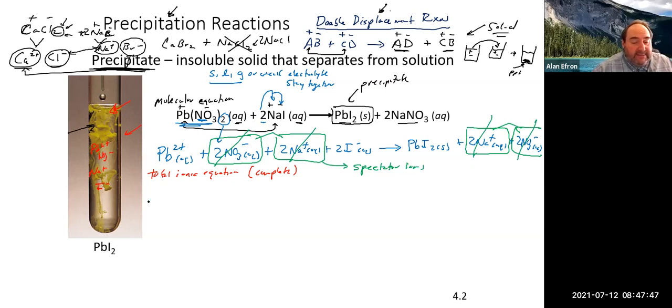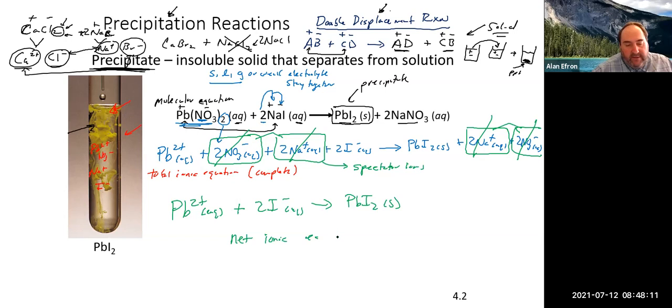And that leaves us one last type of equation, which in this case leaves us the lead-2 ion plus the couple of iodide ions coming together to make PbI2, which is a solid. And this is what is referred to as the net ionic equation.